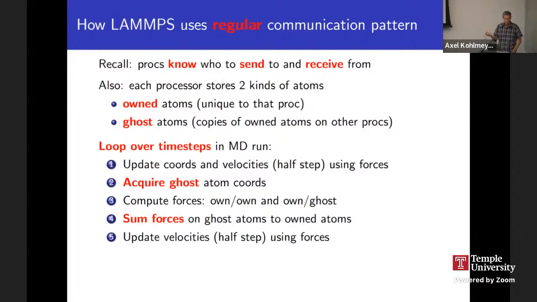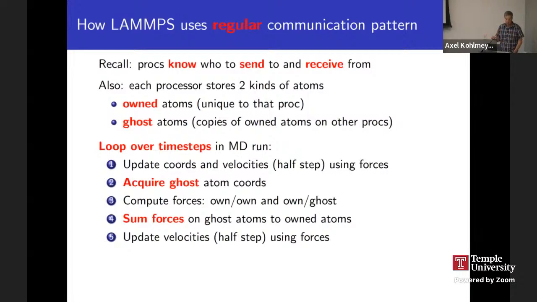There's no communication needed during that computation unless it's something like a many-body potential that we'll come to in a moment. But you're computing interactions between pairs or multiple many-body effects between owned atoms and also owned and ghost atoms. Now, typically that will compute forces, and forces will be put back both on the owned atoms and ghost atoms.